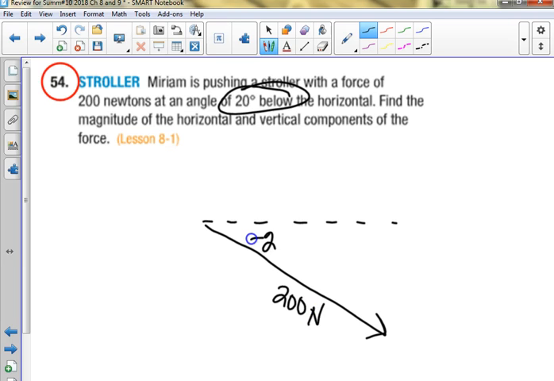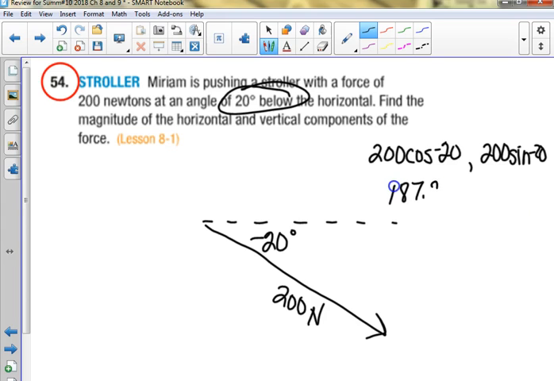So you would do negative 20 degrees, but you would do the same thing, 200 cosine of negative 20 and 200 sine of negative 20. And you should get a positive and a negative answer, right? I got 187.9 and negative 68.4. Anybody else getting that? Okay.